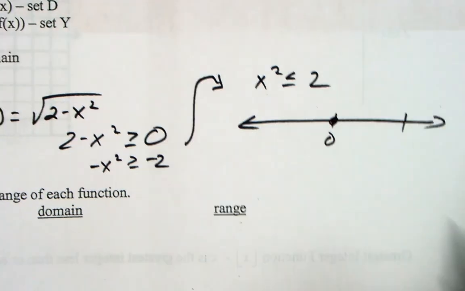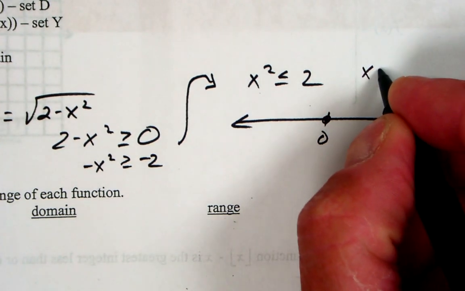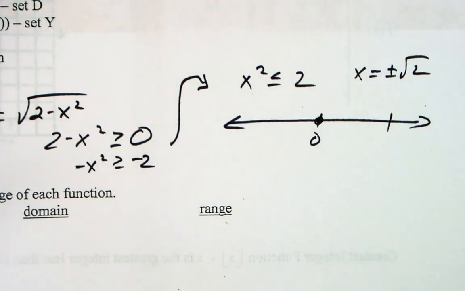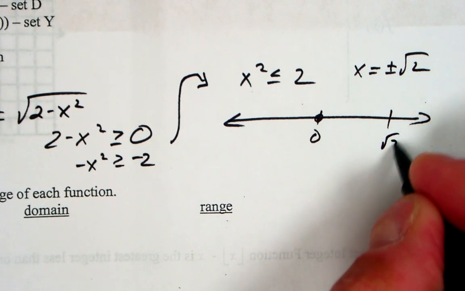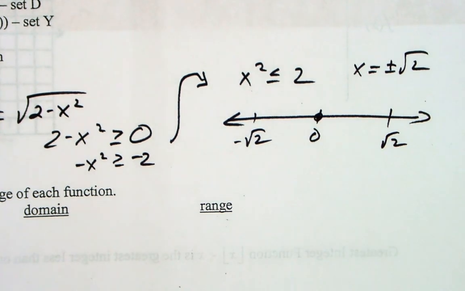If I did square root that, I'd have x equals plus minus square root of 2. Because the less than greater than gets a little bit confusing when we deal with plus minus. So there's going to be my breakpoints between what works and what doesn't work. So I've got square root of 2, negative square root of 2, and it's going to be those points between.